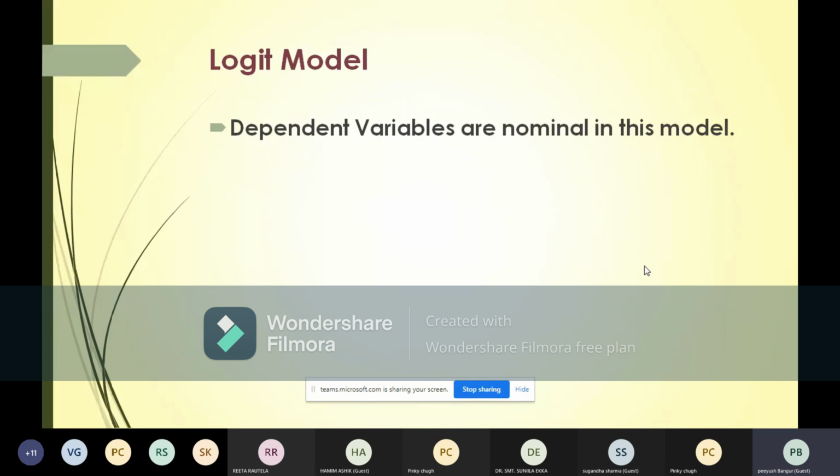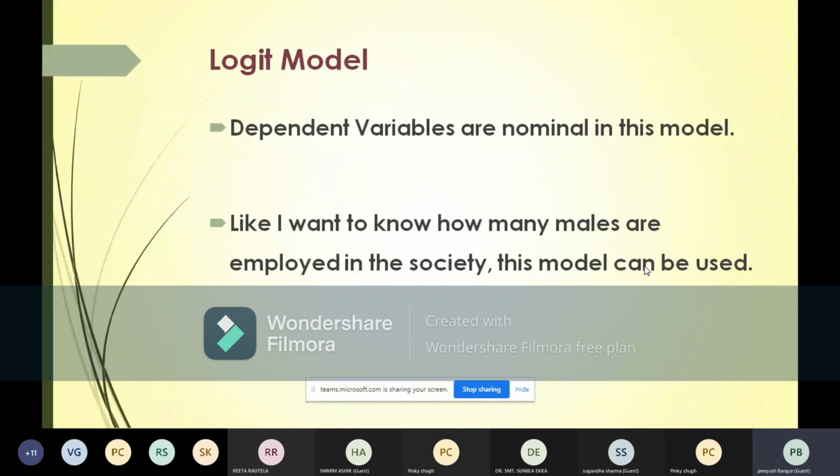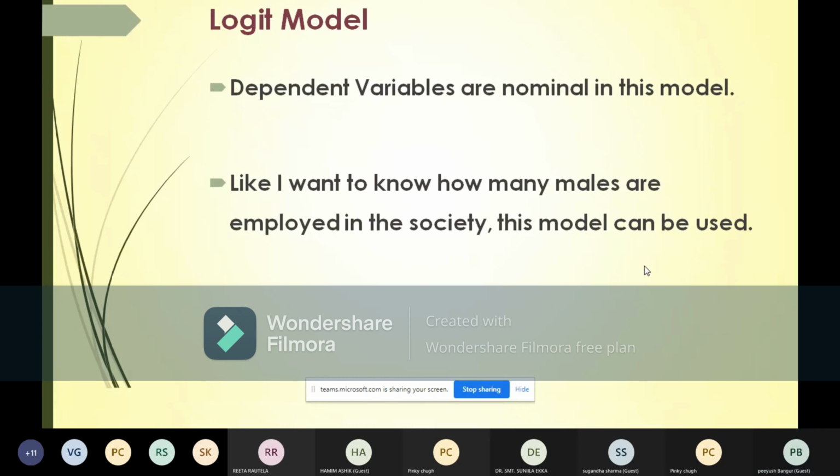Or if I want to know how many males are employed in the society, this model can be used. We can see how many persons are going for work, how many are business persons, how many are doing service, how many are doing business, and how many are doing some other work. This can also be determined.